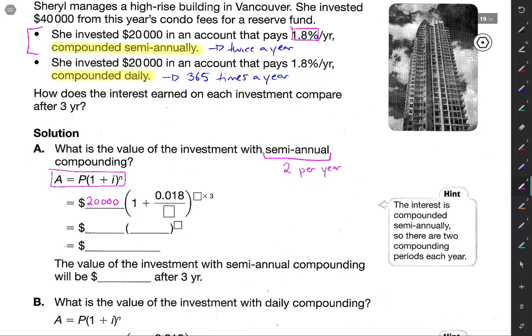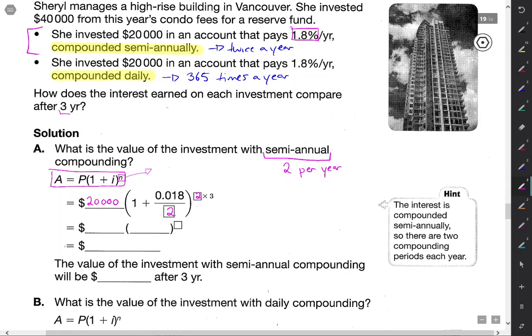So we're going to take the amount of times it's compounded a year and put it right here and right here. We're going to divide by it inside the brackets, and then on the outside of the brackets with the power, we're actually going to multiply it to that n value. Now remember, n is the amount of times we compound in those 3 years.